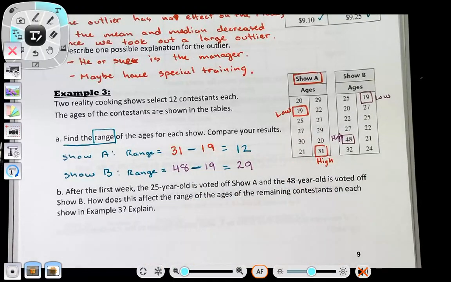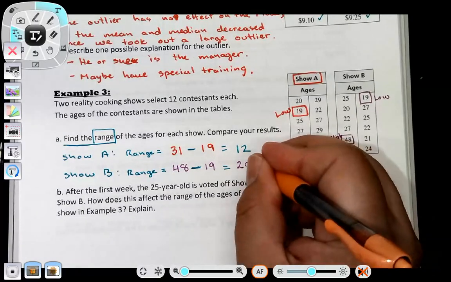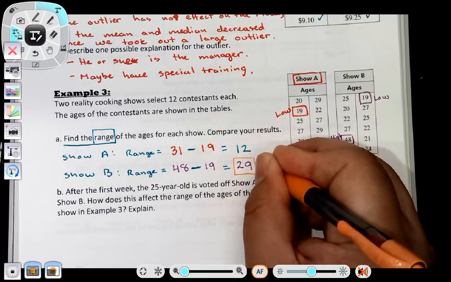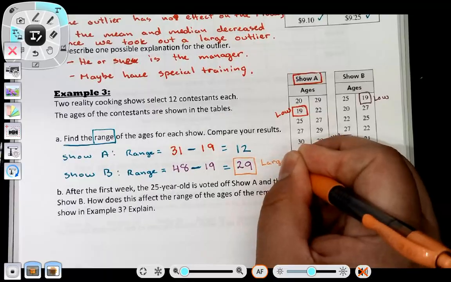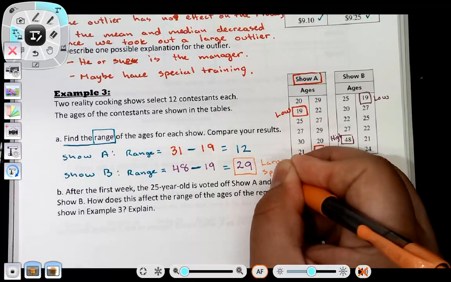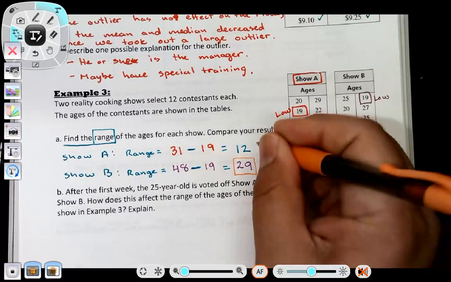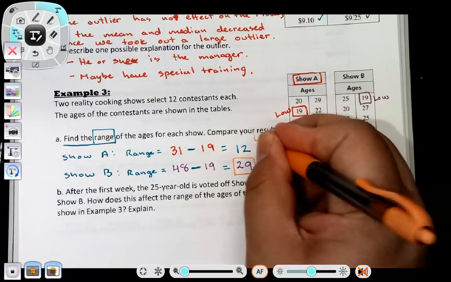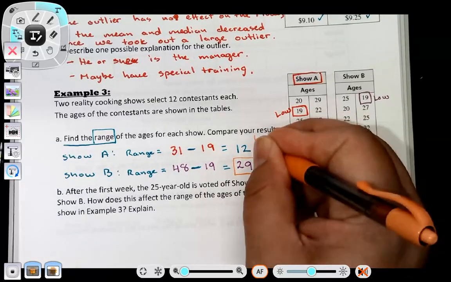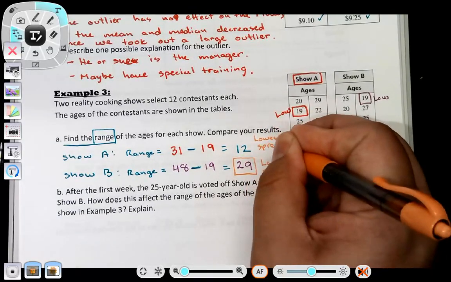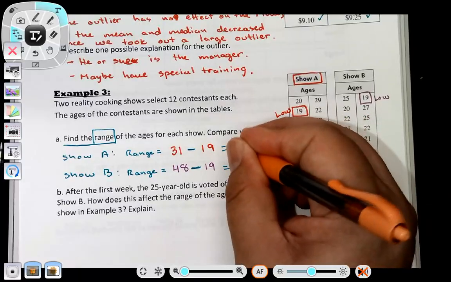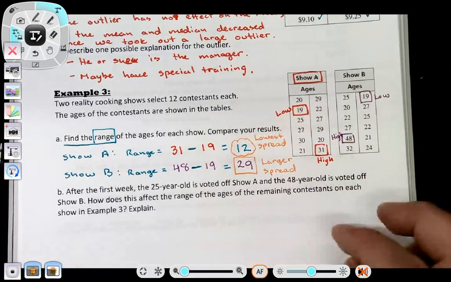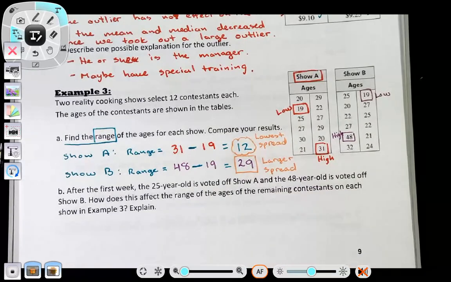Before I move on, I was hoping they were going to bring it up. This one right here has the larger spread. This one would be the lowest spread. They also like to use that word, and so I'm bringing it up because I think it does show up in your assignment. So I just want to throw that out there, okay?